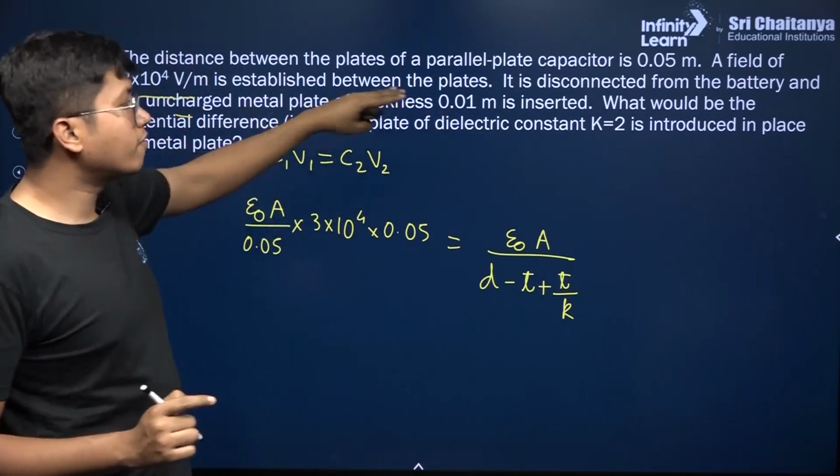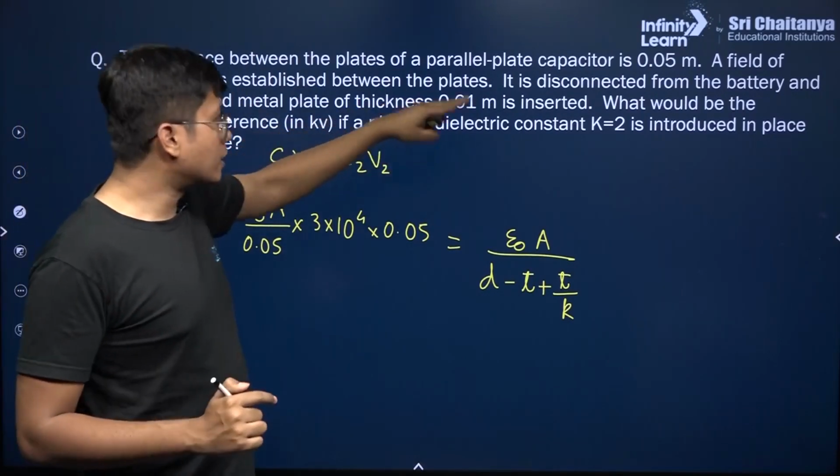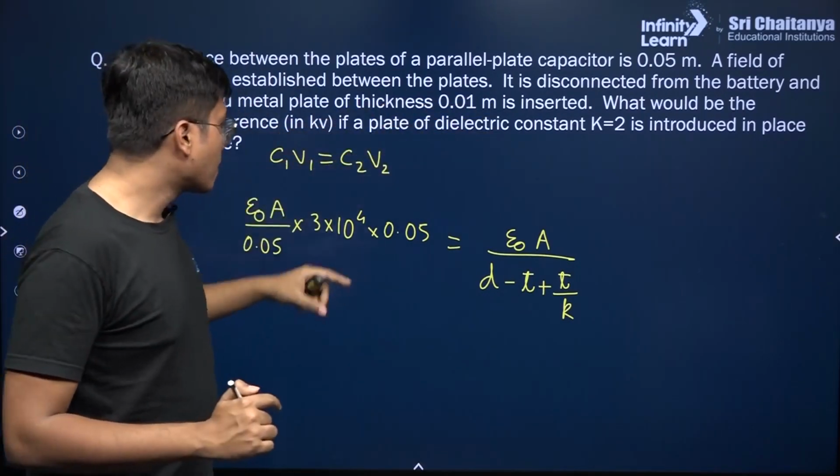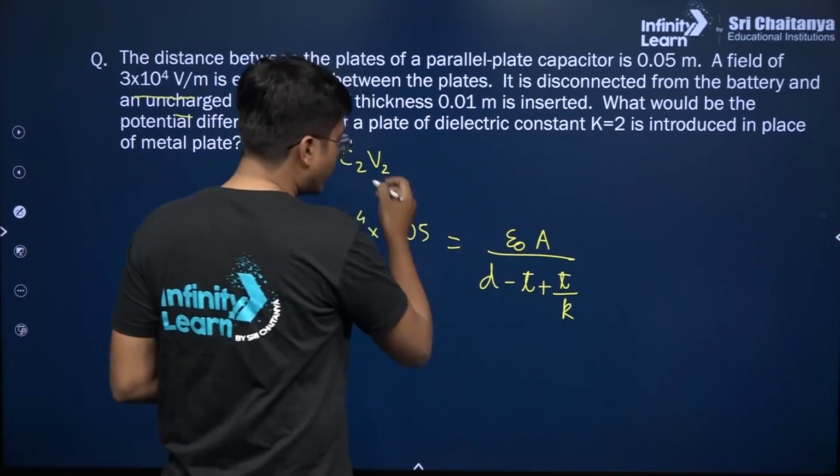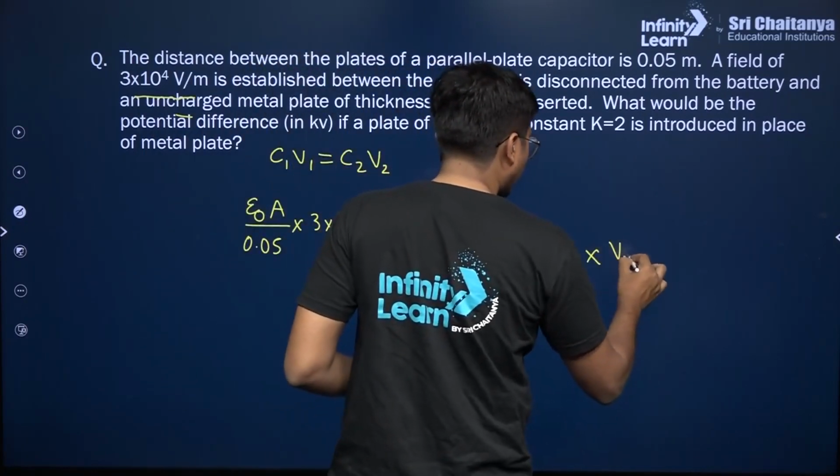It's a metal plate itself having the dielectric, and we consider it having the same thickness. So we put in the values, and over here we have V2. V2 is what we need to find.